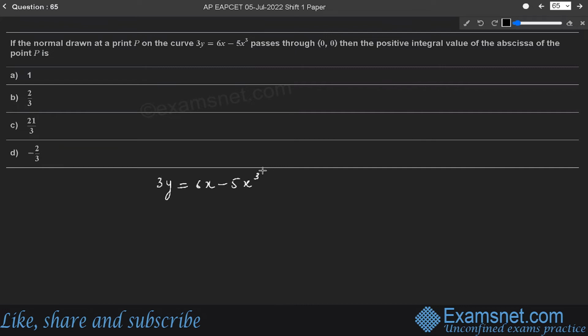We have to find the possible integral value for the abscissa of point P. So in the first step, let x1 and y1 be the point on the given curve, which is 3y is equal to 6x minus 5x cube, at which the normal passes through the origin. It is given that it passes through 0, 0, and we know that 0, 0 is the origin.